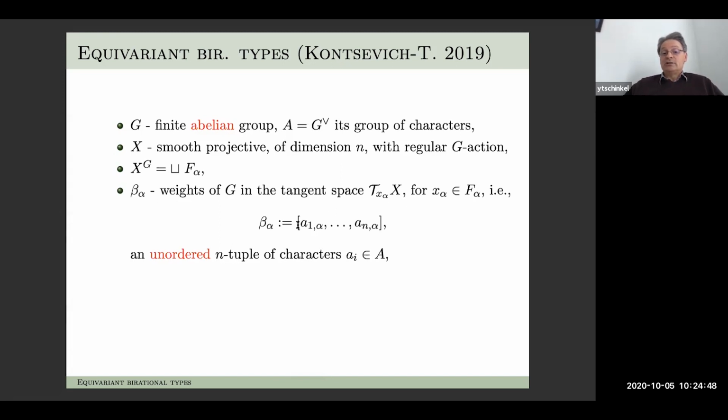And let's record those characters. So of course, it's an unordered n-tuple of characters. And what you would like to do is you would like the invariant to be exactly this. Take the variety X with G action and assign to it a sum over these symbols.